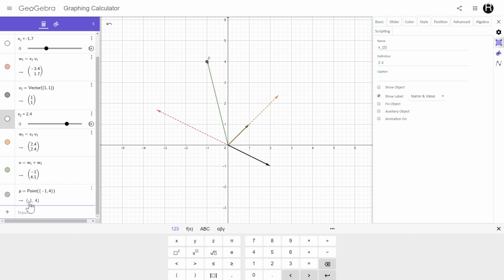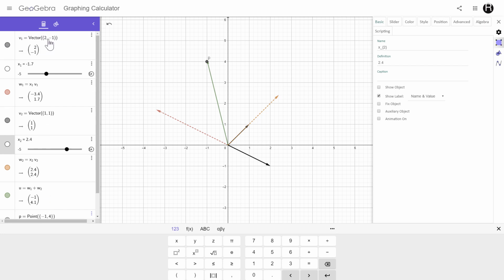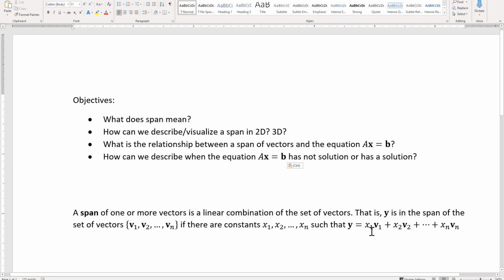If we write this vector -1, 4, you can write that as a linear combination of v1 and v2, and that's 2, -1, and 1, 1, and find those weights. So remember the equation, if we only have two of these vectors, then we're only looking at y is equal to x1 v1 plus x2 v2.